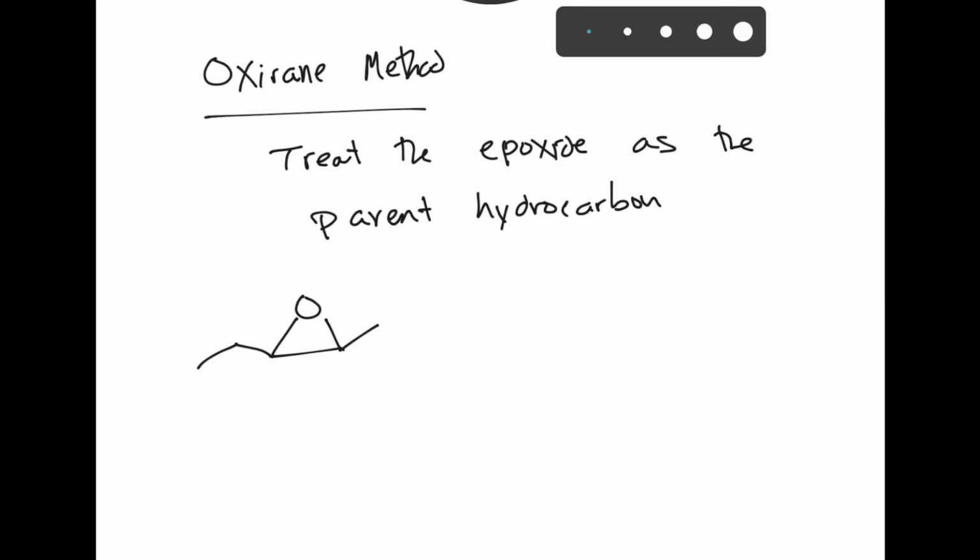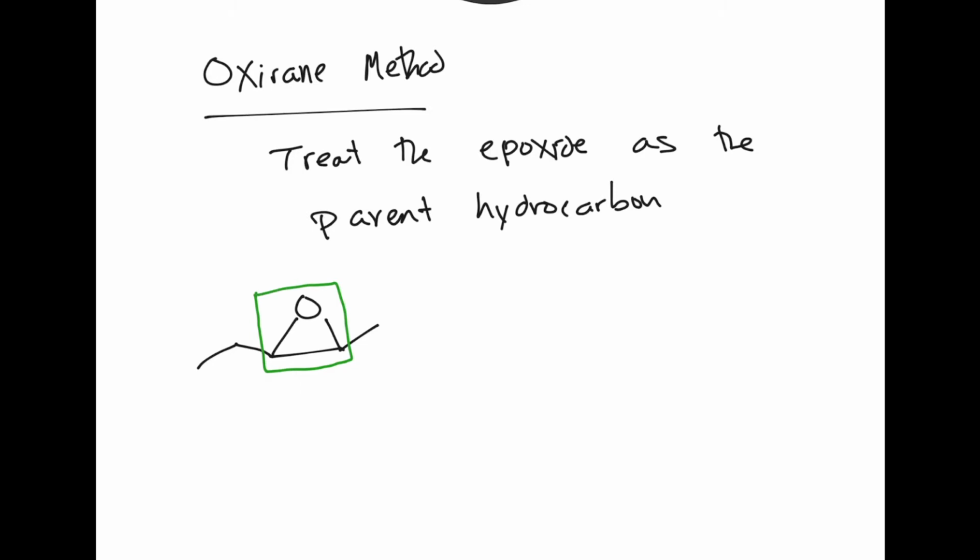So our parent hydrocarbon isn't the longest chain, it's the three-membered ring. So we call the three-membered ring an oxirane. And then you list the substituents that are coming off of it.